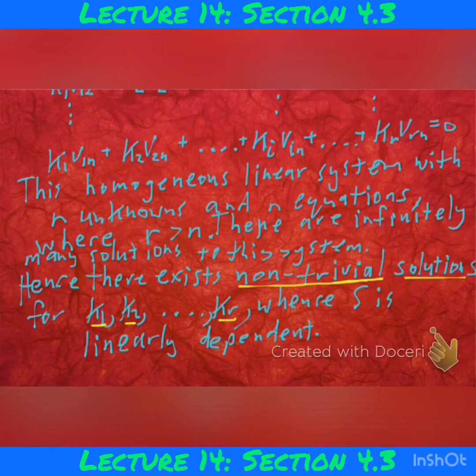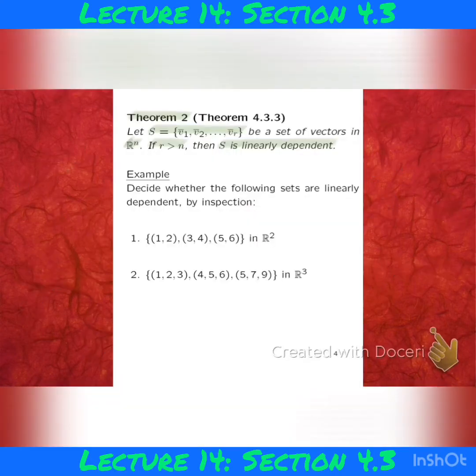A non-trivial solution means that at least one of the k's is going to be non-zero. So you cannot conclude that the set is linearly independent, because we can find a non-trivial solution. So therefore S is linearly dependent.